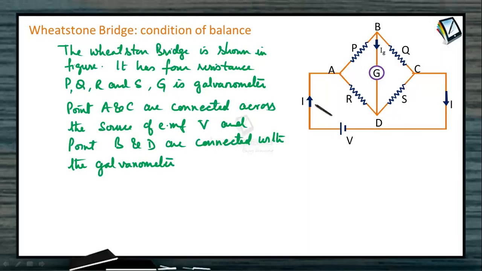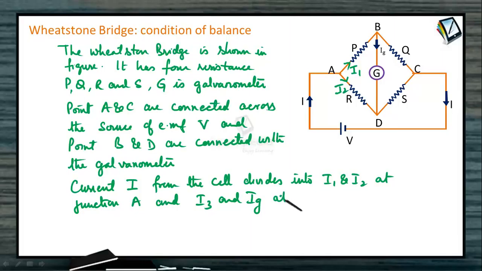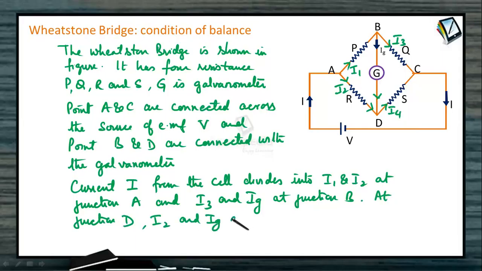Now current I starts flowing in the network and the current will subdivide. Current I from the cell divides into I1 and I2 at junction A, and I3 and IG, where IG is the current through galvanometer, at junction B. At junction D, I2 and IG combine to give I4.